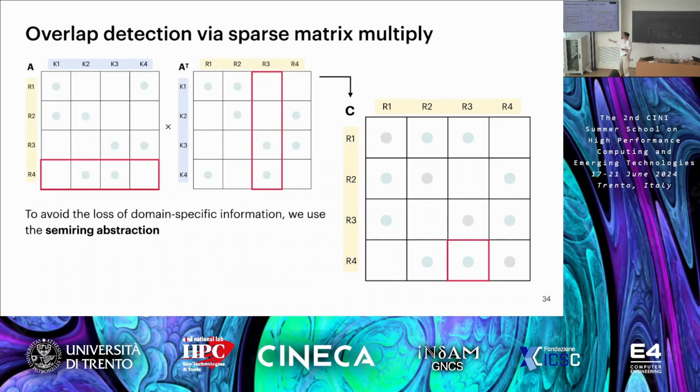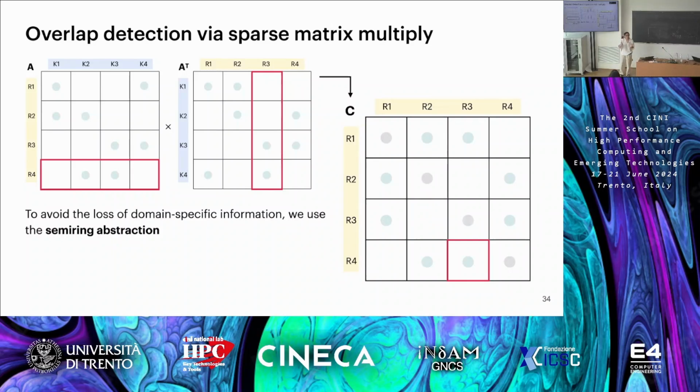And so the good news is that from linear algebra, we can exploit what's called semiring abstraction in order to change the multiply and addition operations of the matrix multiply to do virtually whatever you want. If you want to be algebraically correct, you will have to ensure certain mathematical properties apply. But if those mathematical properties do not matter for your application, that's fine too.